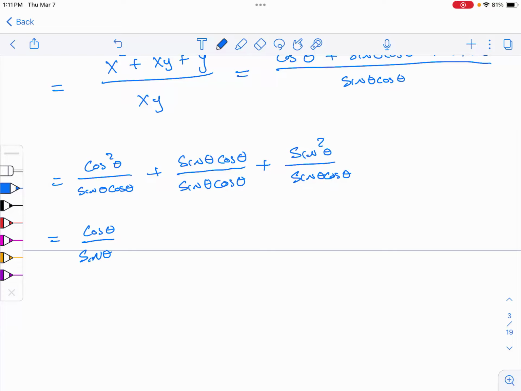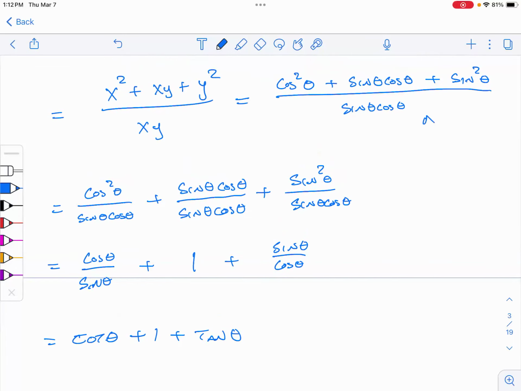Sine theta cosine theta divided by sine theta cosine theta is 1. And then sine squared theta divided by sine theta cosine theta leaves me with sine theta over cosine theta. Which, look at that, there's cotangent, 1, and tangent.